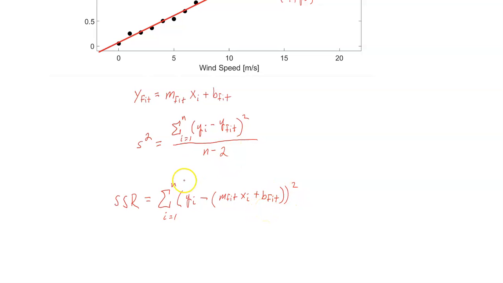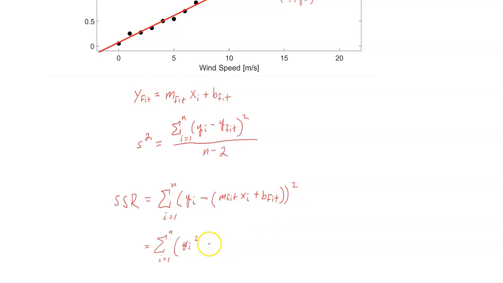And so before we try to look at the minimization of this function, let's expand this polynomial here so that we have some more simple terms that we can work with. So this is going to equal, we still have our summation, but we're squaring this, right? So we have to use FOIL from algebra: first, inside, outside, last. So our first term is going to give us a yi squared.